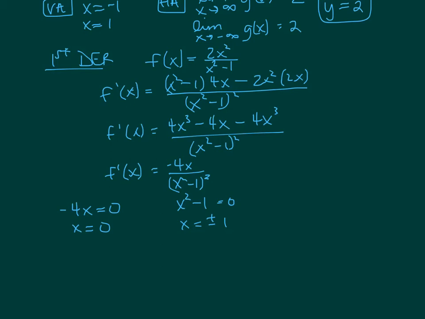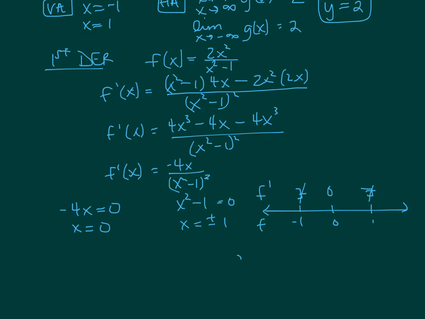So setting up my sign chart for the first derivative, I'm going to put those three values, negative 1, 0, and 1. Negative 1 and 1 are does not exist, and then 0 is your 0.